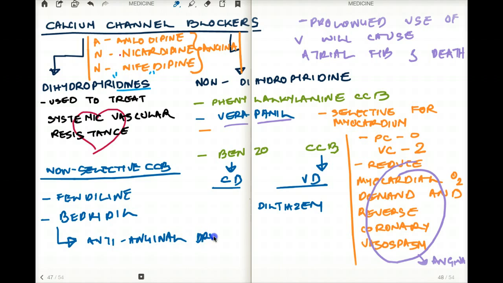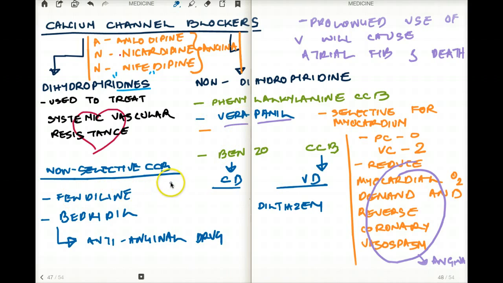Typically we know that non-dihydropyridines are better for angina. We've seen verapamil being our best choice. Diltiazem is also not really bad because we have benzo and calcium channel blocker together, but it does have some systemic effect. If we want something very, very cardioselective, we have to go for verapamil.